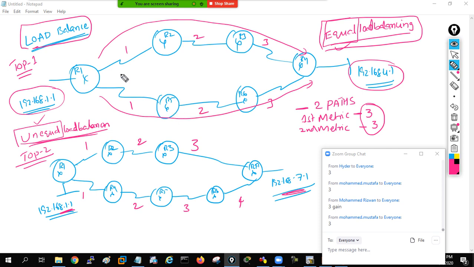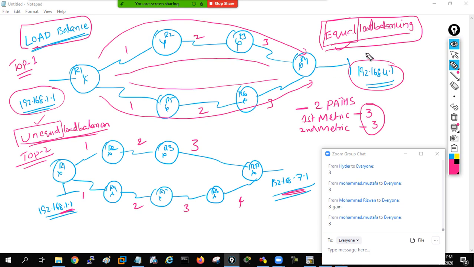So at that time some information will go through this path, and some information will go through that path. This is called equal load balancing, because the metric is the same for both routes. That's why the RIP protocol does the load balancing, which means some information it will send to the first route, and some information it will send to the second route. Why? Because the metric is the same for both.